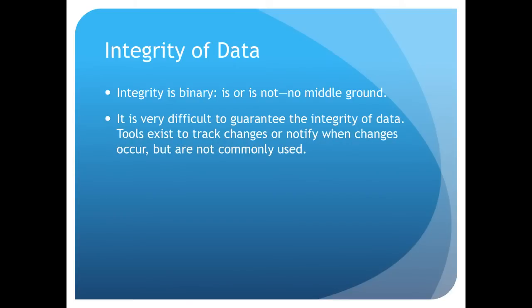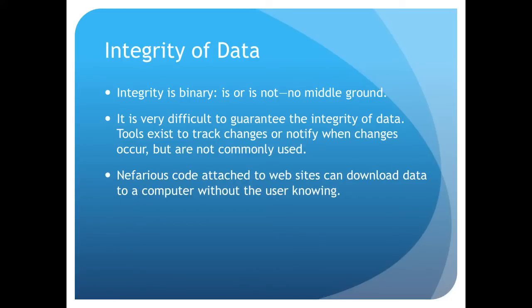Tools exist to track changes and notify you when changes occur, but they're not commonly used. So how do you determine that there really is integrity of data? And it's important to people like banks, for example. But that's numeric, and there are numerical methods to doing this. I use the example of funny pictures on Professor Corbett's disk.